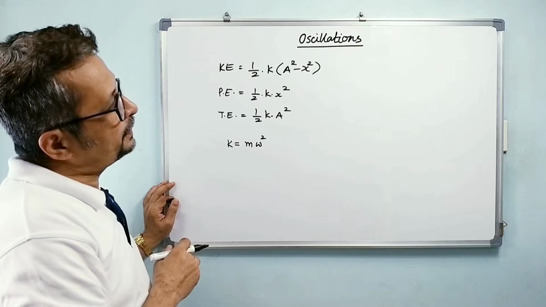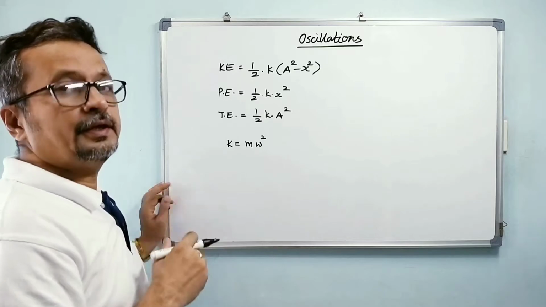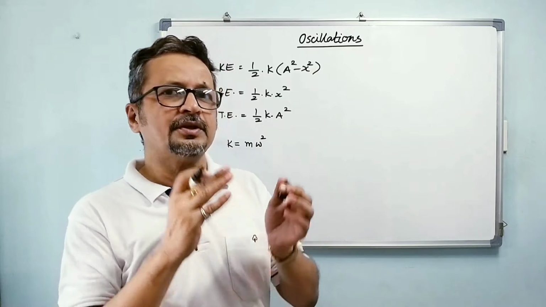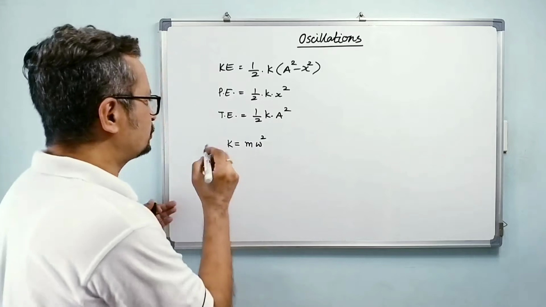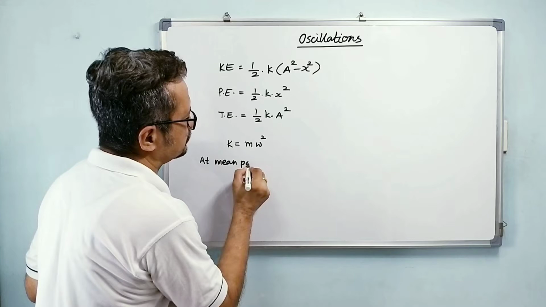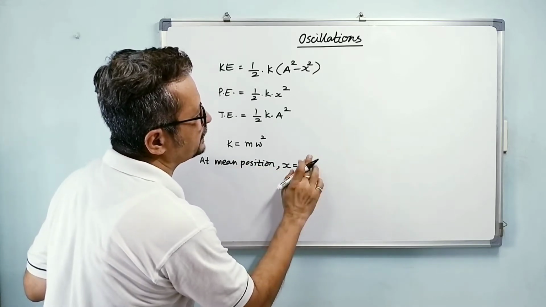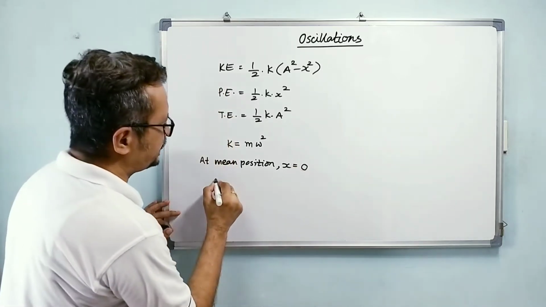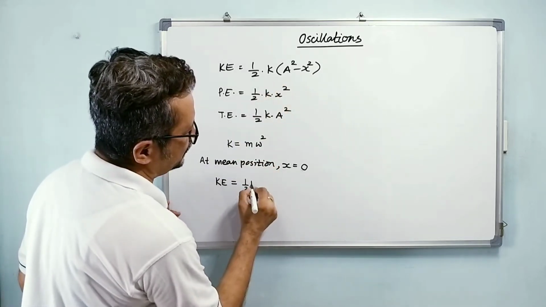Now, how would the graphs of kinetic energy and total energy look? We will see that, but before that, let us find the total energy at the extreme position and at the mean position. At the mean position, x is equal to 0, so my kinetic energy would be equal to half k a square.